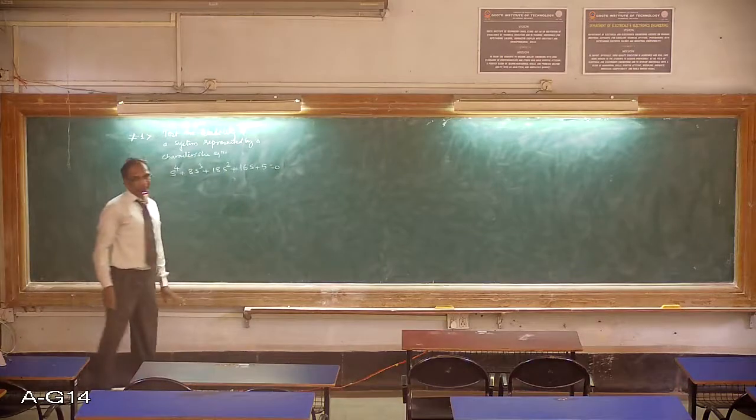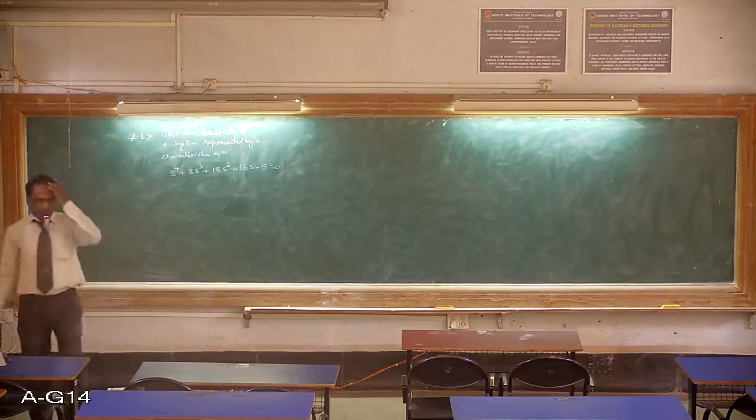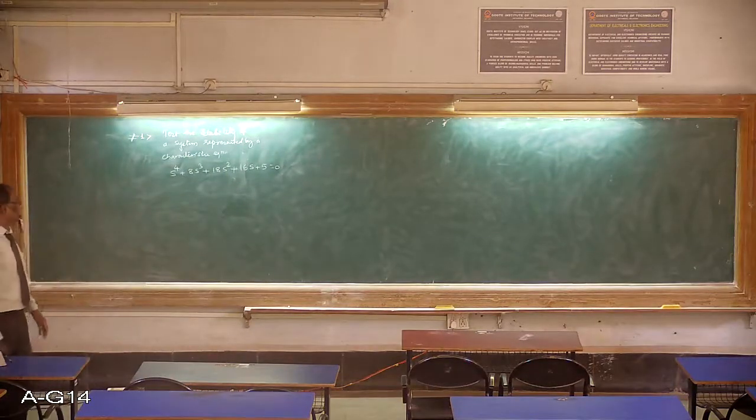So here directly the characteristic equation is given. You need not find 1 plus G of s into H of s.